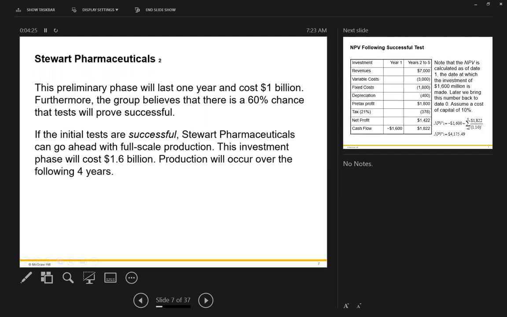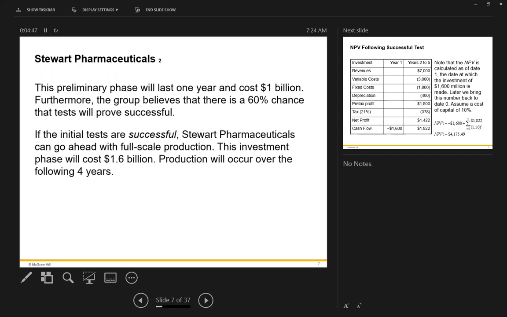So here's what's happening. The preliminary phase will last 1 year and cost $1 billion. Furthermore, the group believes that there is a 60% chance that the test will prove successful.